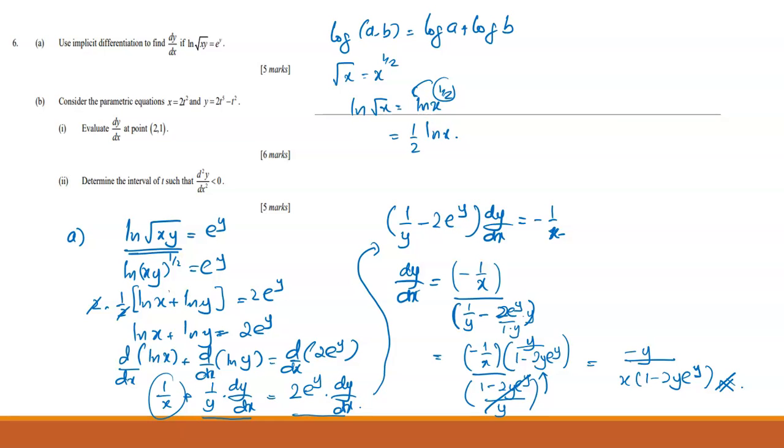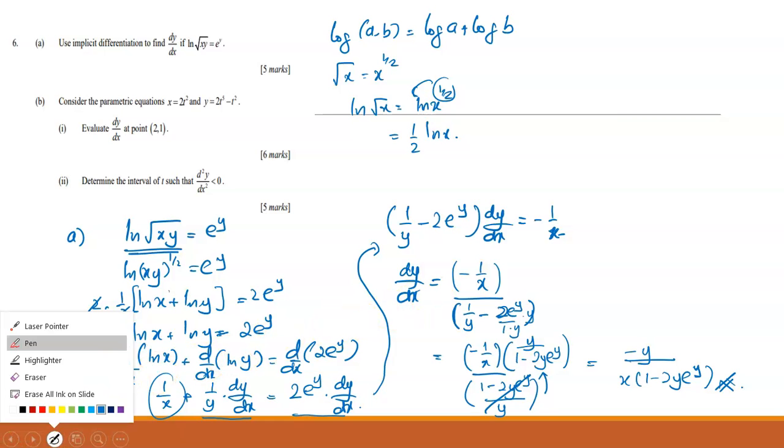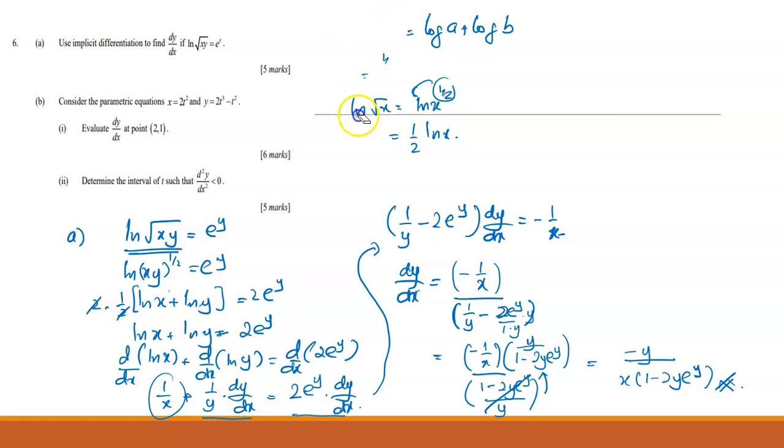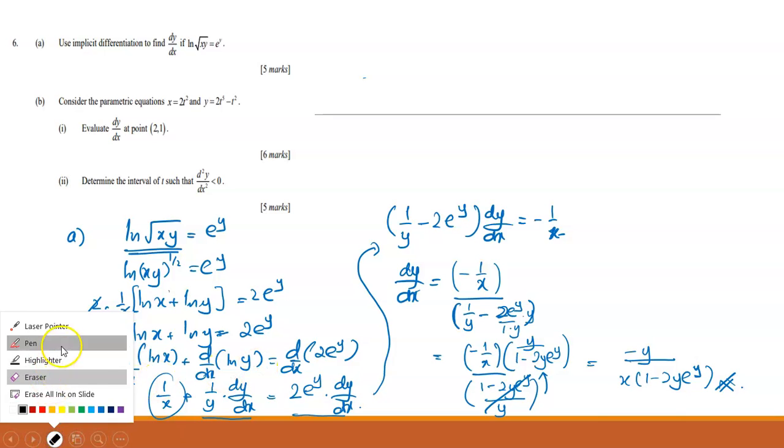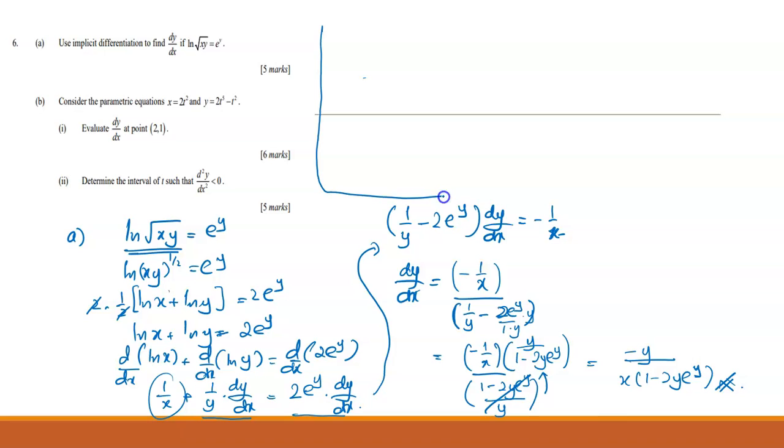Okay. And for question B, we have x equal to 2t squared and y equal to 2t to the power of 5 minus t squared.